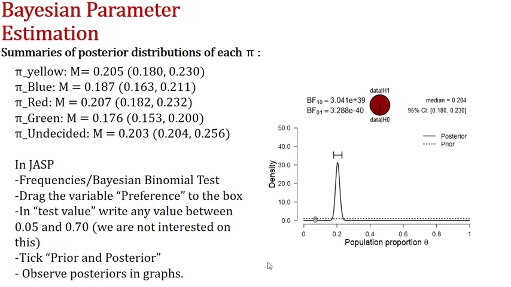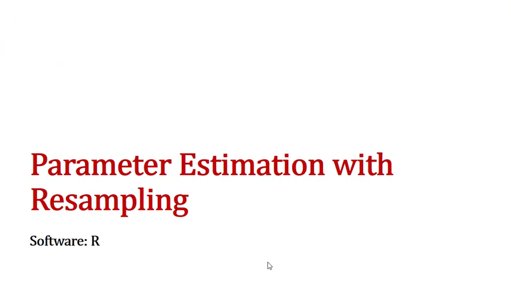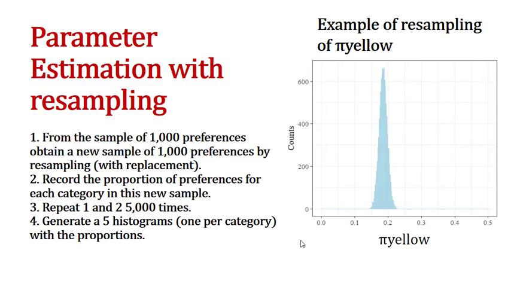Okay, now let's go to resampling. So parameter estimation with resampling, and I did this all with R. In this case, I'm not going to show you the analysis, but basically what you need to do is, from the sample of 1000 preferences, we've got the 1000 values, and we obtain a new sample of 1000 preferences by resampling with replacement.